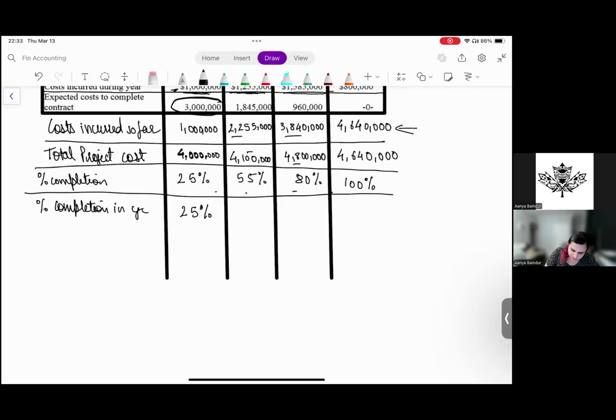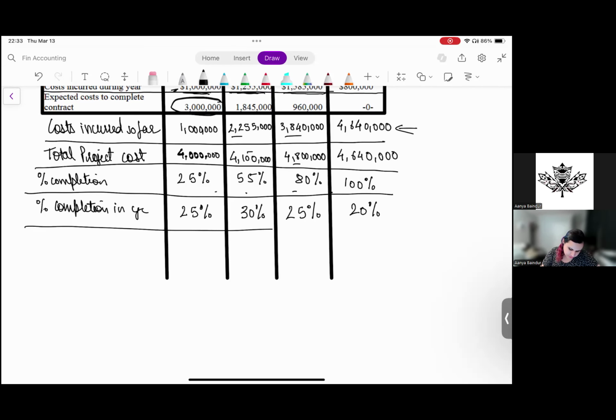Next, we've reached 55% project completion, but we were at 25%, so that means we finished 30% of the project in this year. The next one, we take 80%, subtract from it 55%. That tells us that 25% of the project was completed in this year. And lastly, we went from 80% to 100%, which is 20%.